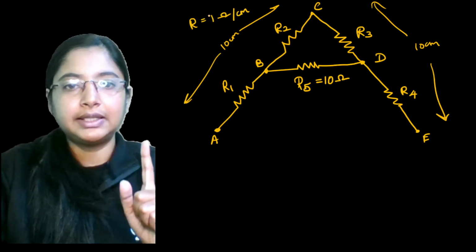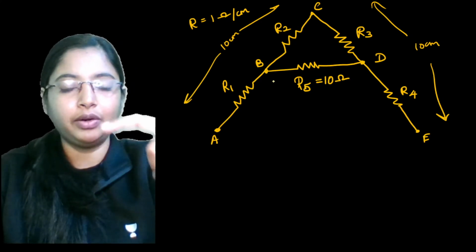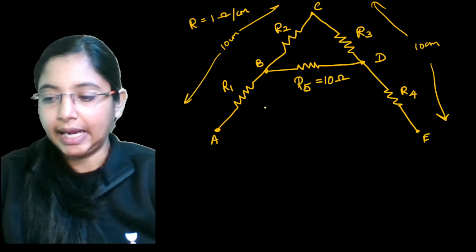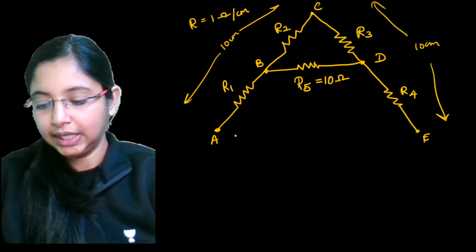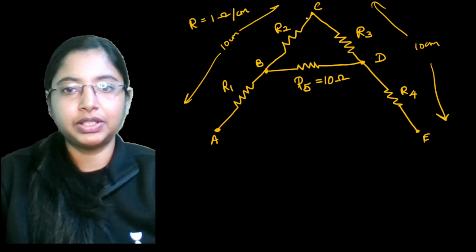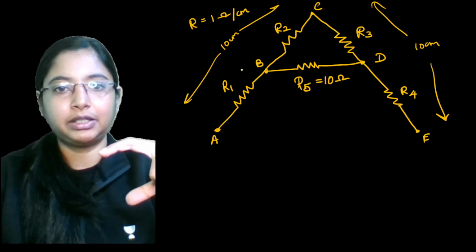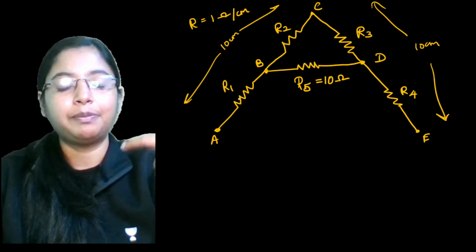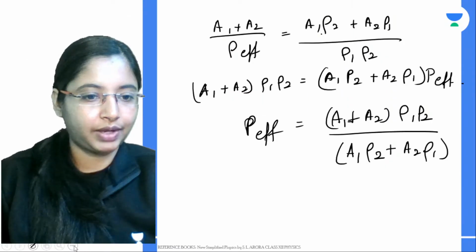So if you have a 10 centimeter long wire, each of these is 1 ohm per centimeter, so per 10 centimeters the resistance value will go to 10 ohms.